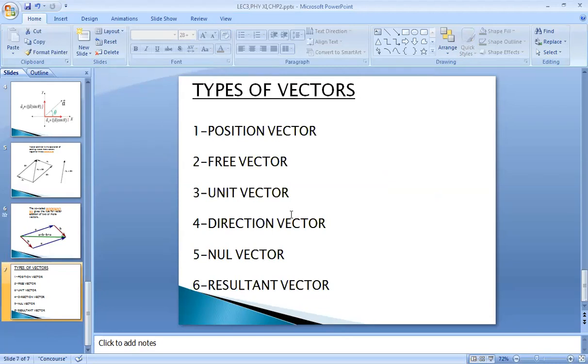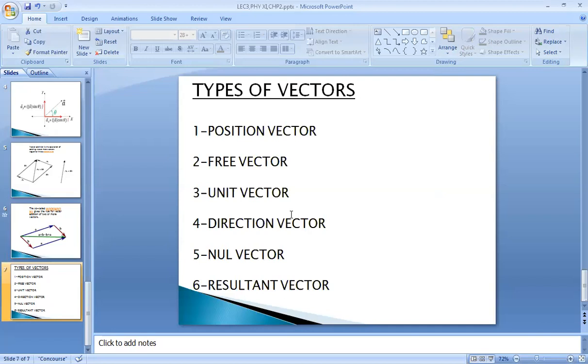But the definition of the unit vector is: when we determine the magnitude of a vector and it is 1, that vector is called a unit vector. In easy words, if the magnitude of a vector is 1, that vector is called a unit vector. If the magnitude of a vector is 0, it is called a null vector.